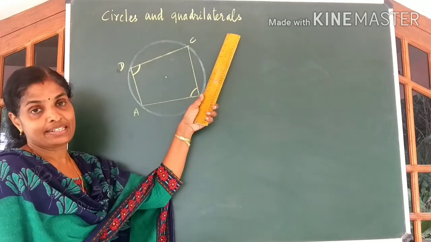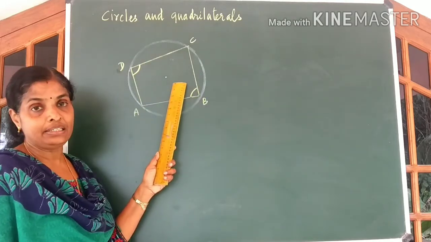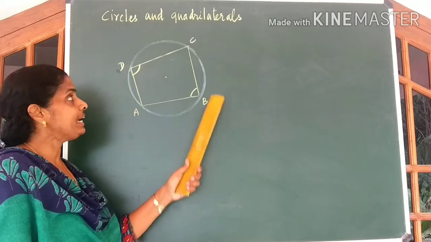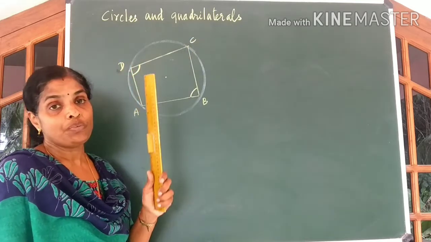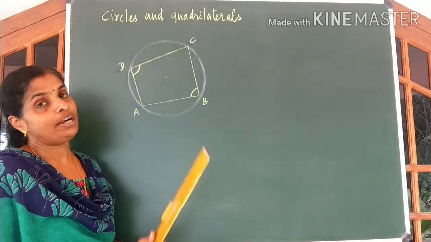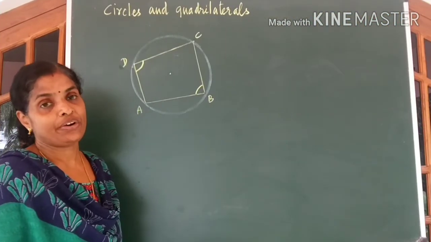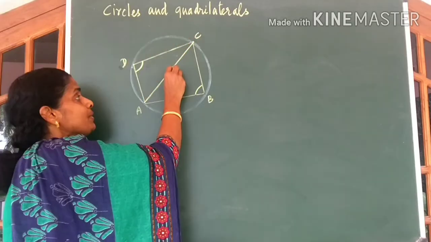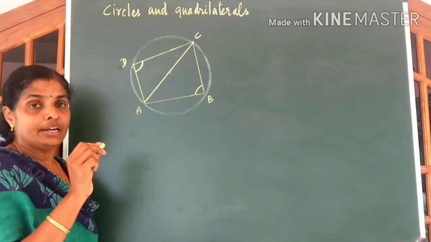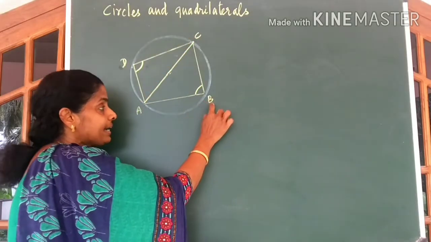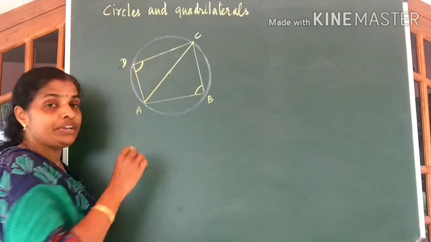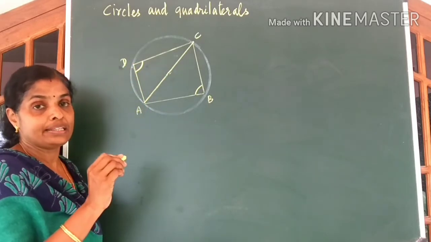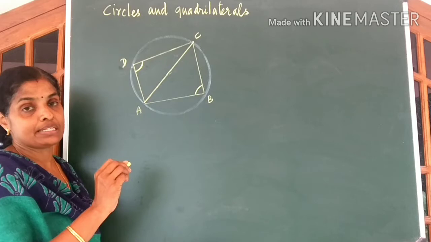Circles and quadrilaterals. I have drawn a circle and I have drawn quadrilateral ABCD with all four vertices on the circle. Now let us join AC. If you join AC, now you can say angle B and angle D are angles in the alternate segments.